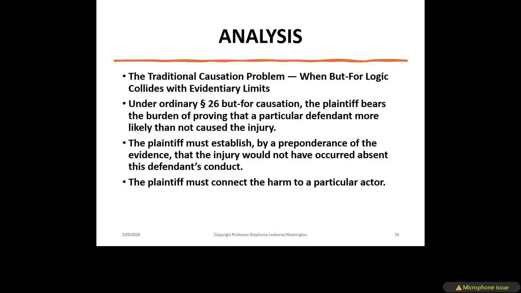The plaintiff must establish by a preponderance of the evidence that the injury would not have occurred absent the defendant's conduct, right? That is the foundational allocation of proof in a tort case. Causation is individualized, liability is defendant specific. The plaintiff traditionally has to connect the harm to a particular actor.